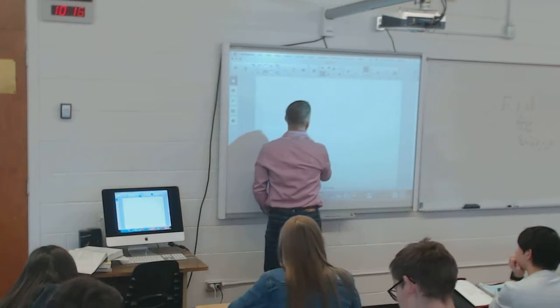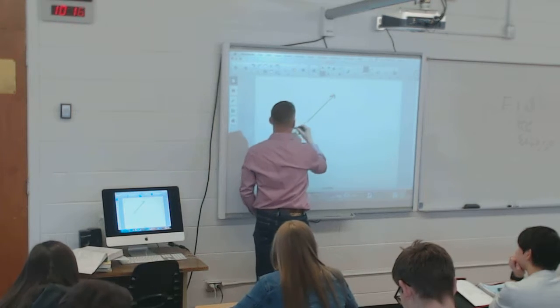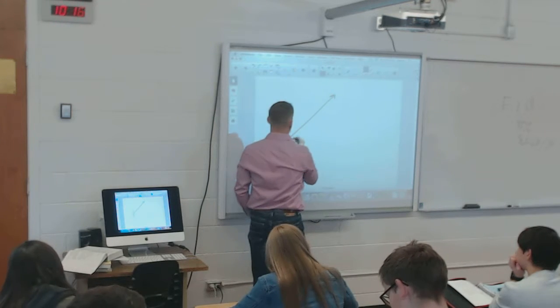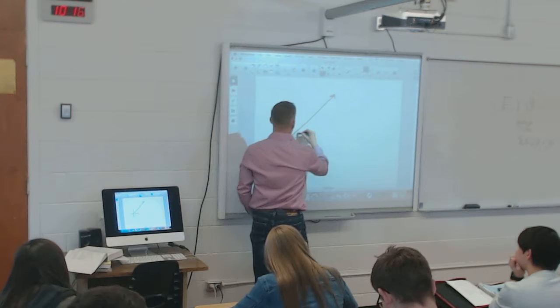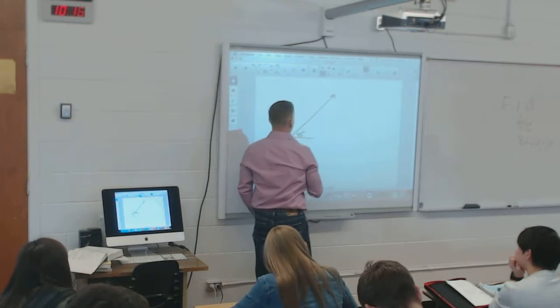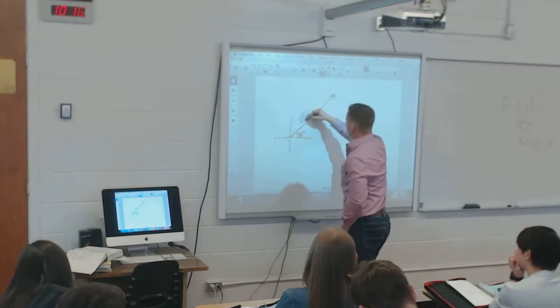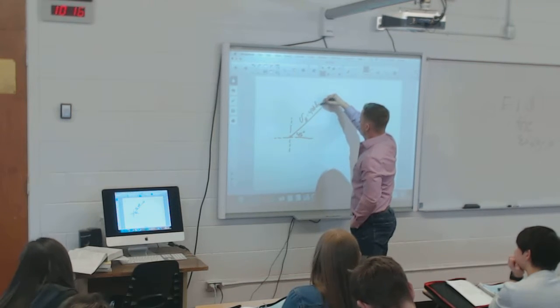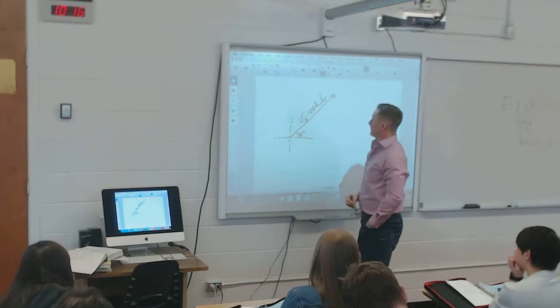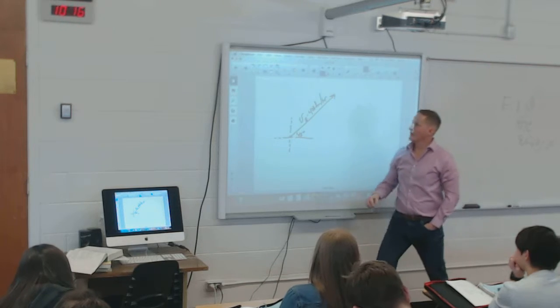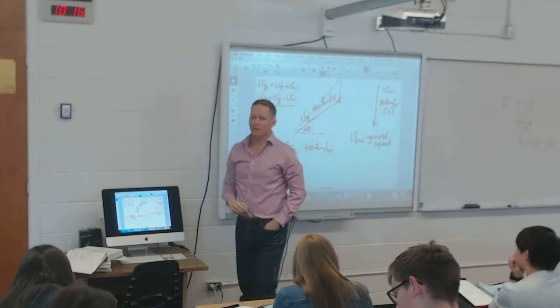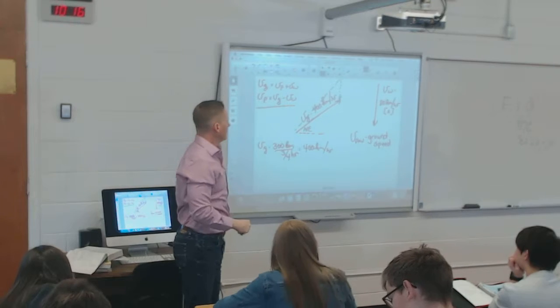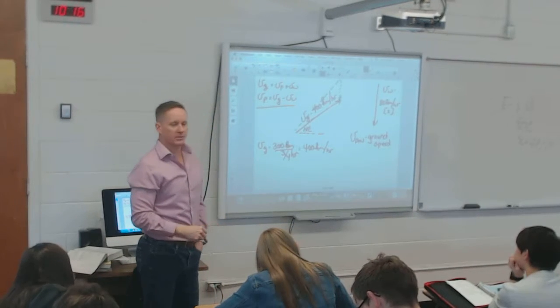The velocity of the ground speed being 400 kilometers an hour, right? And then I need the negative velocity of 80 kilometers an hour south.